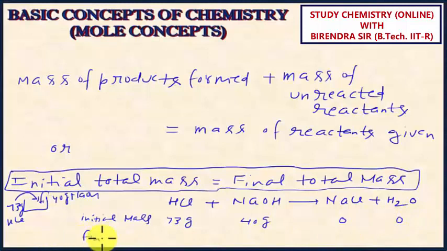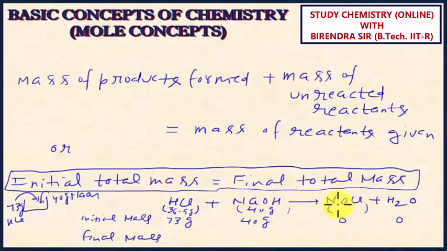Now final mass means after reaction. So we have to use mass concept here, do the groundwork we discussed in limiting reagent session. 1 into molar mass of HCl is 1 plus 35.5, that is 36.5. So here I'll write 36.5 gram. The NaOH, 23 plus 16 plus 1 means 40 gram.